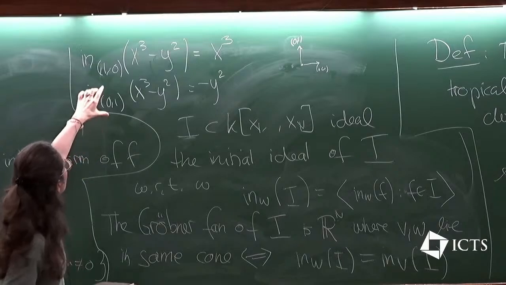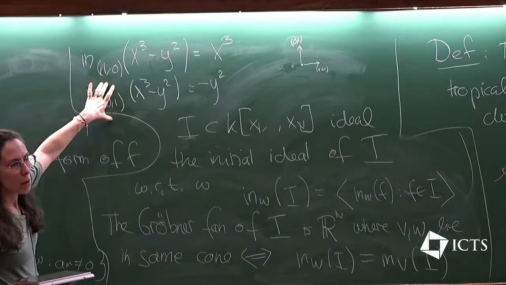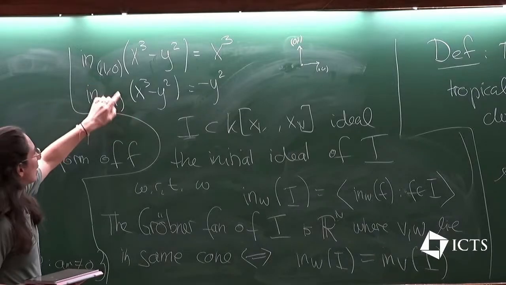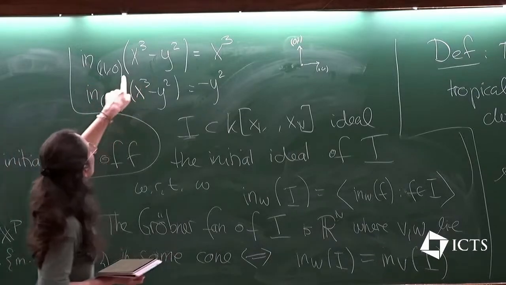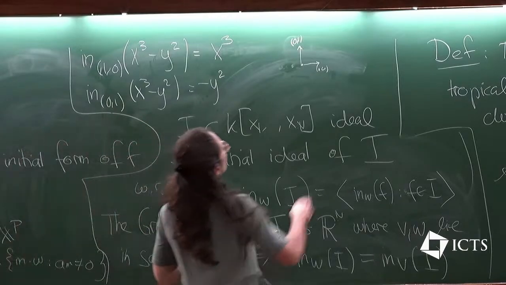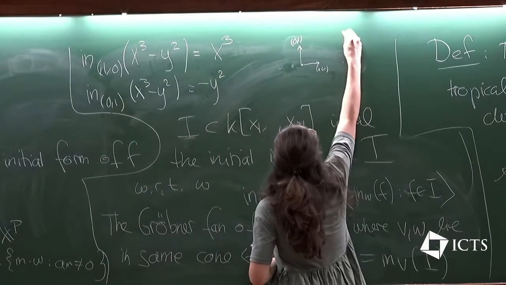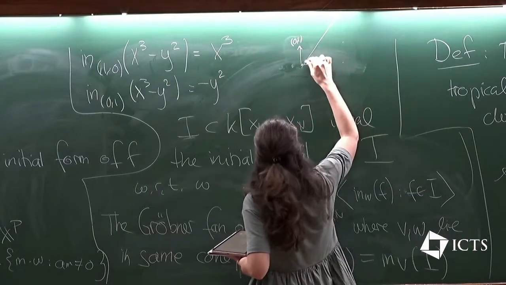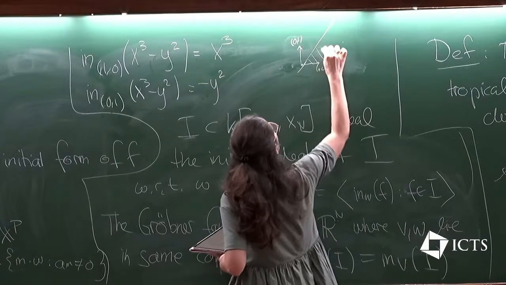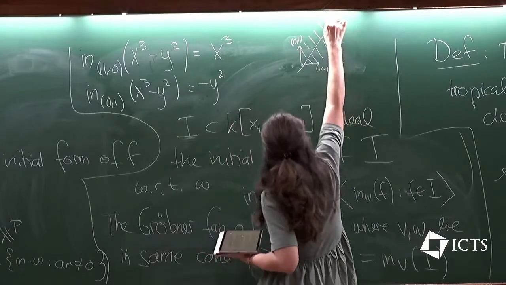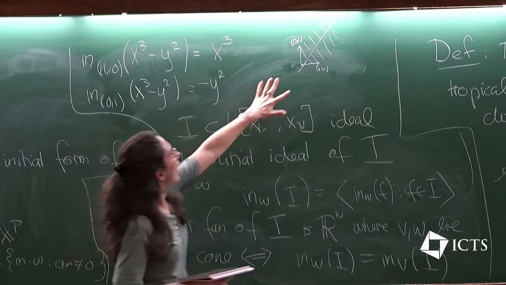And then I can move these weights a bit. And at 2, 3, the ideal is homogeneous. It stays the same. So this is where the two cones intersect. And this would be my Gröbner fan.